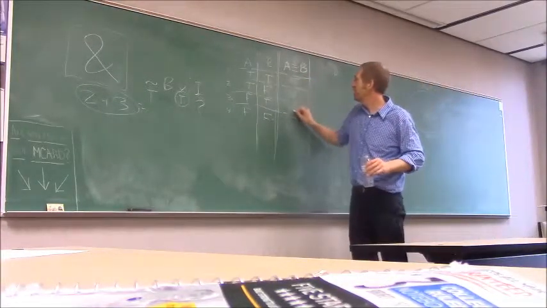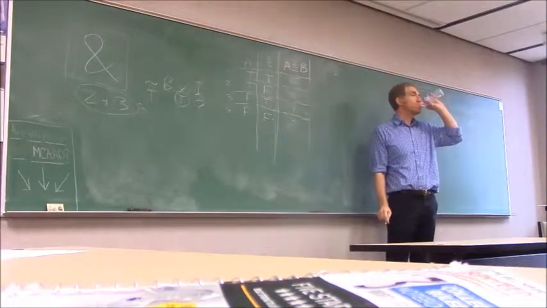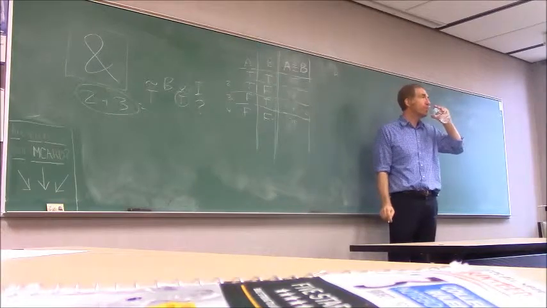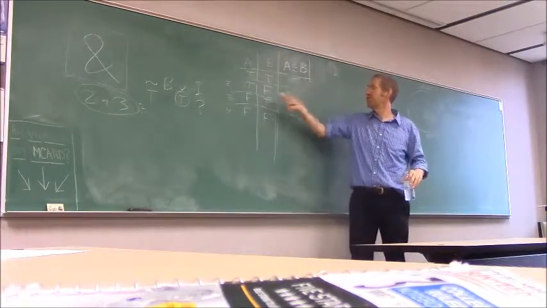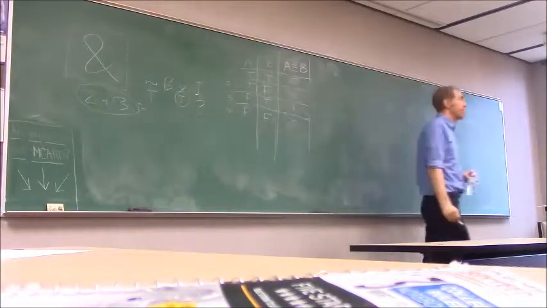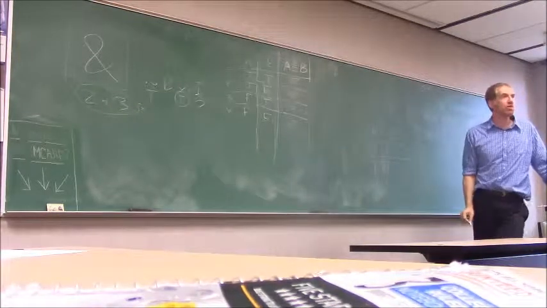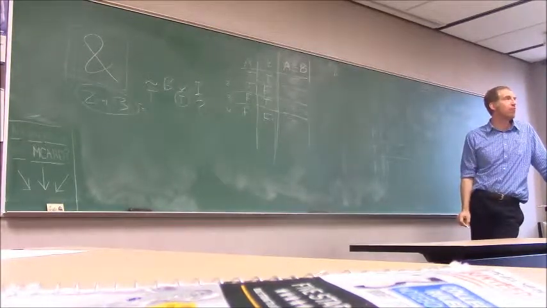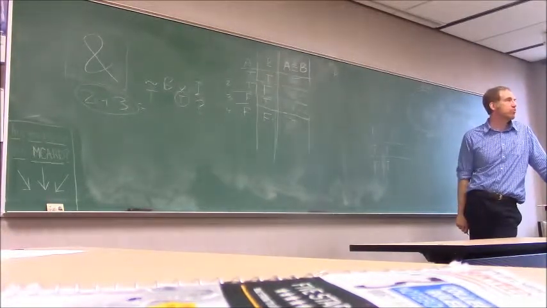False. False. True. Exactly right. Why? Those are the cases when the truth value is the same. Yes, when they're the same, it's true. When they're different, it's false. Now, that one's different from all the others because all the others are either 3 and 1 or 1 and 3. That's the only one where you have the same number of trues and falses.